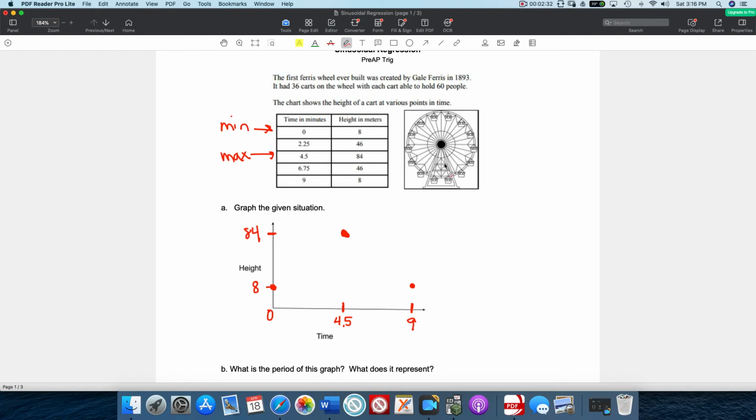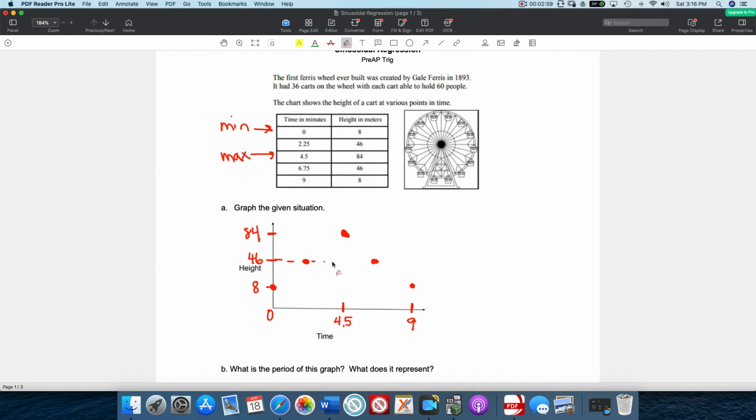Now, I also have to have the midpoints. So I know somewhere right in the middle, I'm going to have a midpoint, and I'm going to have a midpoint, but we need to find those values. So how do you find in between 2 numbers? Well, you add them up and you divide by 2. So if I were to add 84 and 8, I'm going to get 92, divide that by 2, my middle is 46.